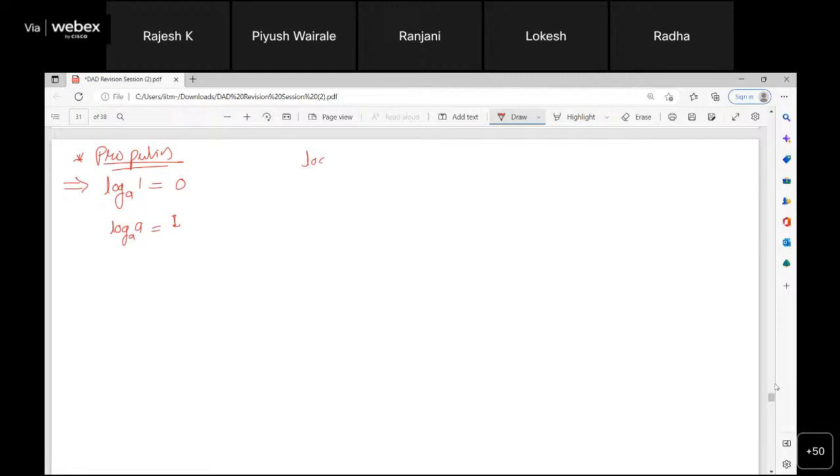Log of m into n is log of m to the base a plus log of n to the same base a. Next, log of m by n is equal to log of m minus log of n, with the same base a, right?